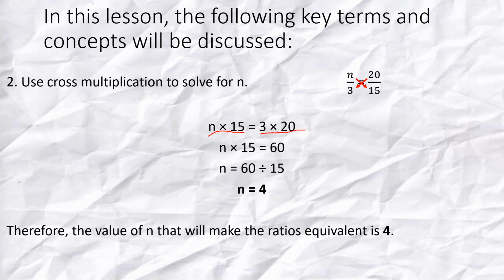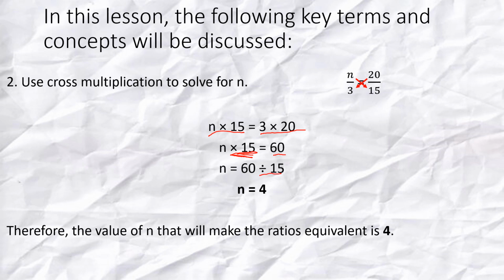Next, 3 times 20 will become 60. n times 15 will stay as n times 15. Then to get rid of this times 15 next to the letter n, we divide both sides of the equation by 15. So it will become n equals 60 divided by 15.